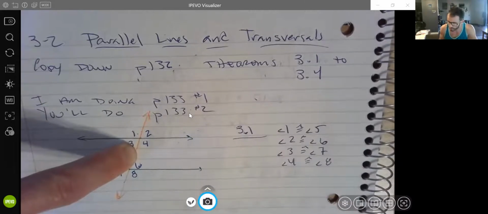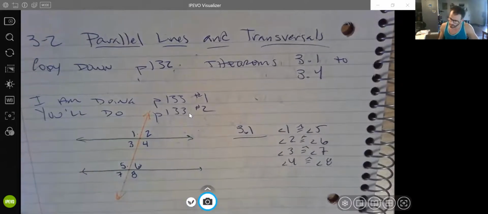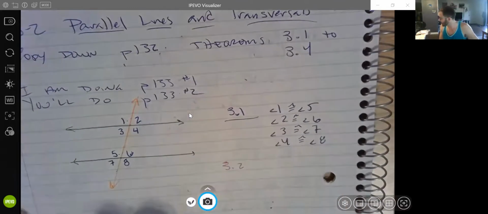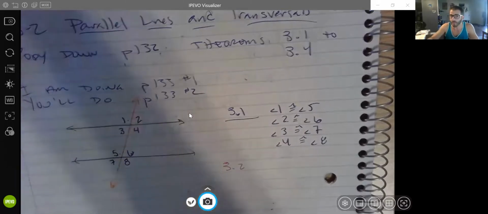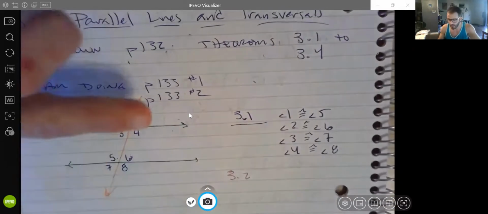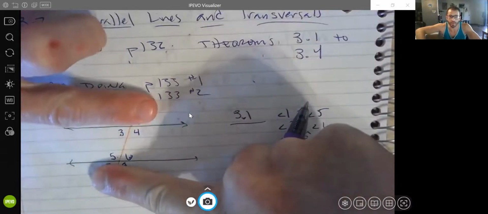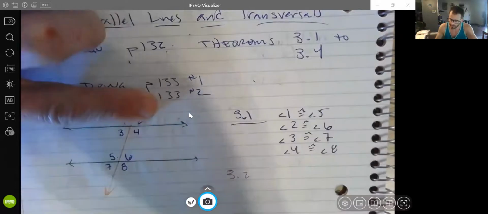All right, but that's not the only pairs of congruent angles that we could come up with. So let's look at theorem 3.2. This would be alternate interior angles. All right, so if you're confused about what's interior, then I need you to cover up the topmost and bottommost angles. Those are outside. So what's interior? What are the inside angles? 3, 4, 5, and 6.